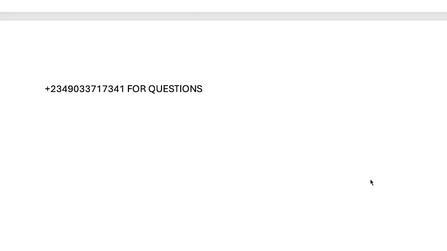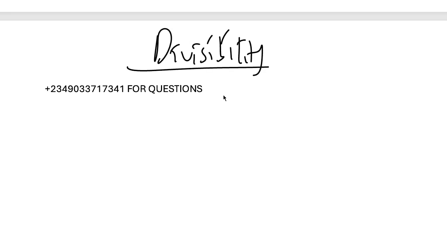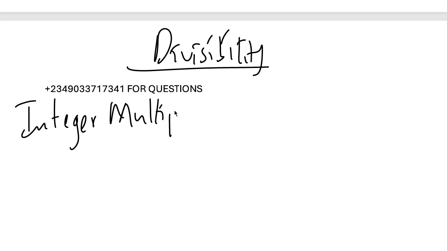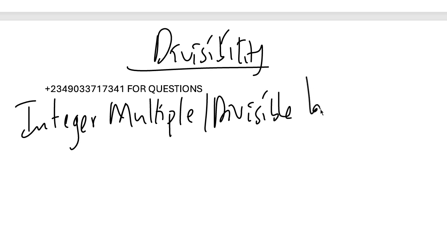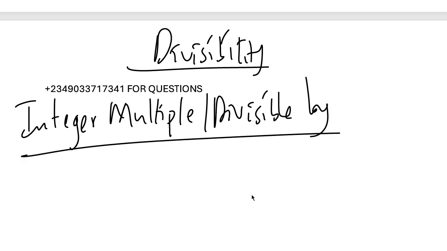Then the same thing applies to when they are talking about divisibility. When you see a question and then they are talking about integer multiples, integer multiple, or they could say divisible by. Let's take a question.